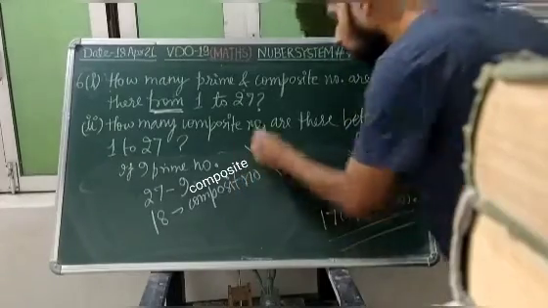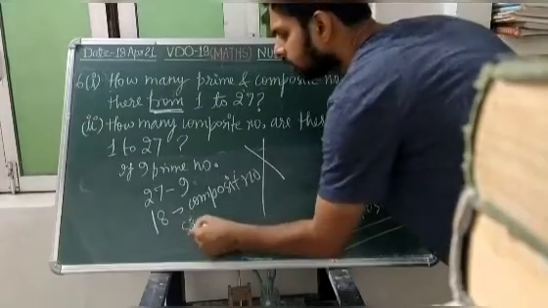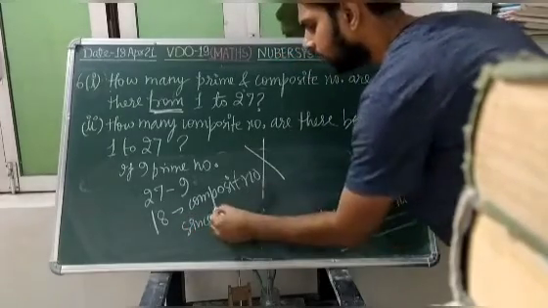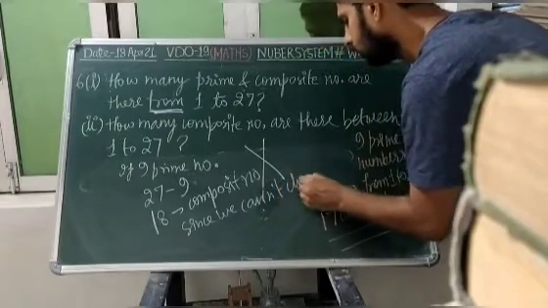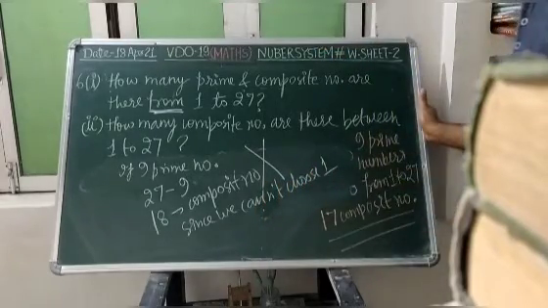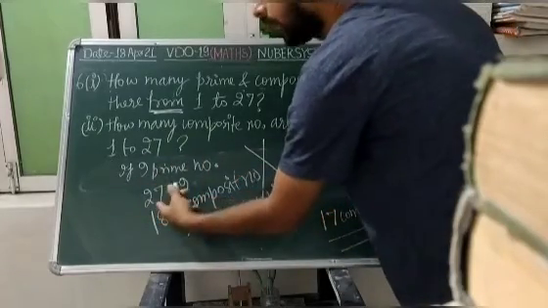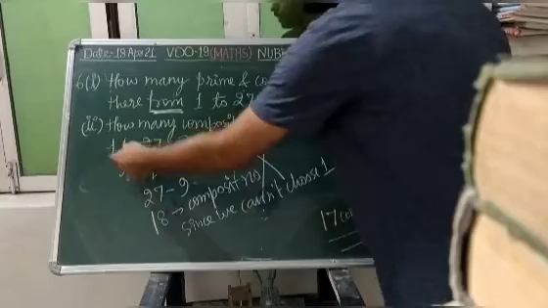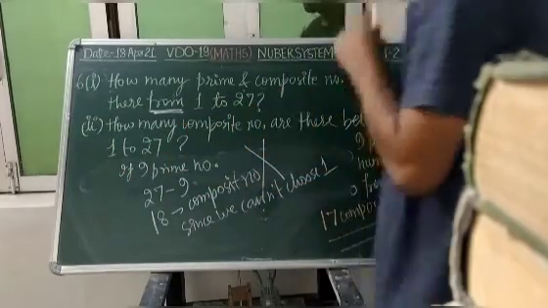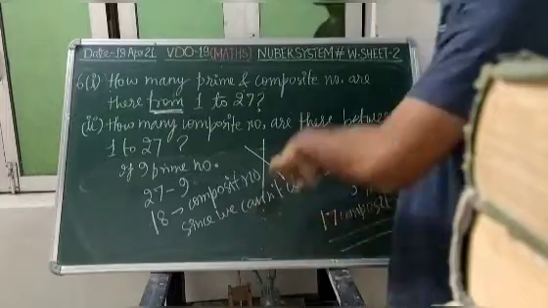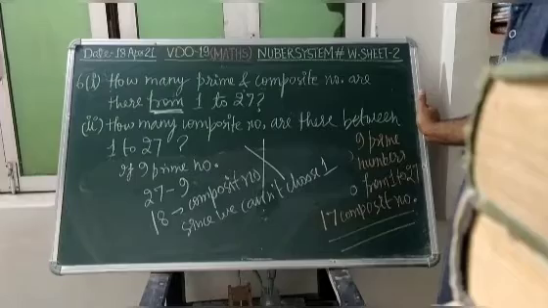But this will become wrong, since we can't choose 1. While we are subtracting 9 prime numbers from 27 numbers, there are 27 numbers from 1 to 27, so 1 will also come in that. So that we will ignore, as I have told you.